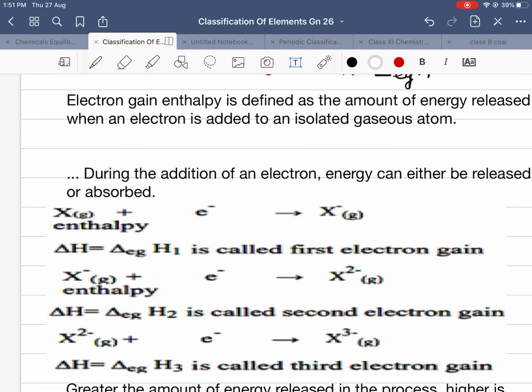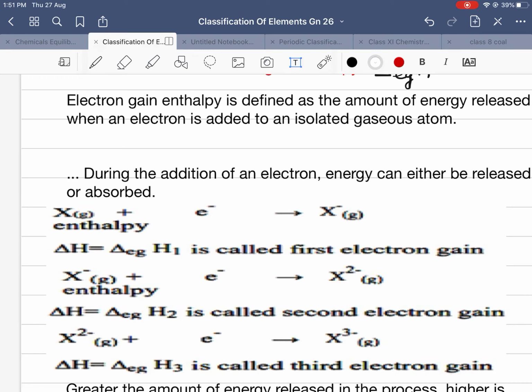Atoms whose nuclear forces are not completely shielded by electronic shells offer attraction for electrons. In such a system, when an electron is brought into its electrostatic field, it is held by the atom so as to neutralize the electrostatic forces of the nucleus.